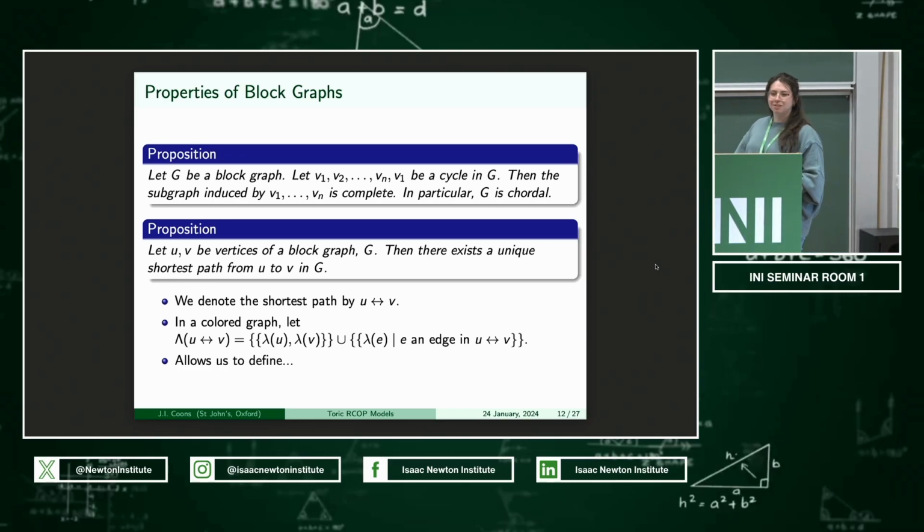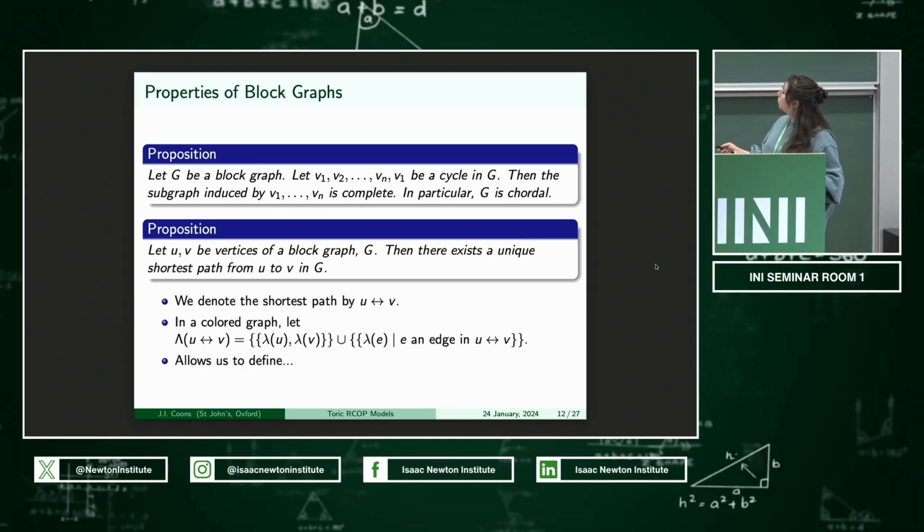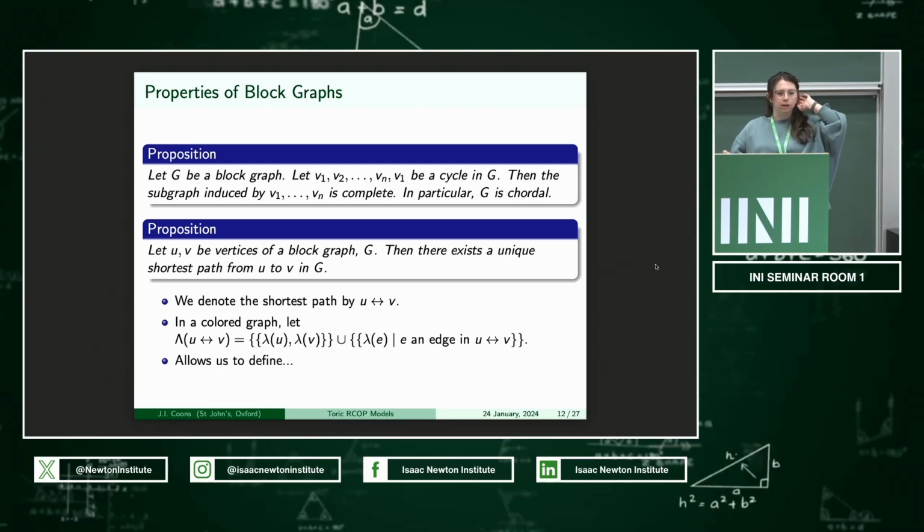There's a unique shortest way to get between any 2 vertices. My shorthand for it is U double arrow V. And I'll introduce a notation where, for the shortest path, I record the multiset of all of the colors that I encounter along that path.